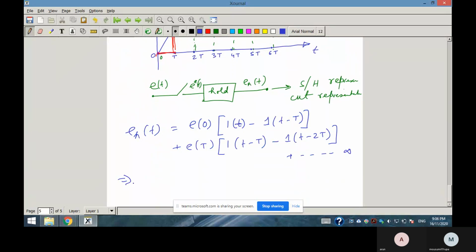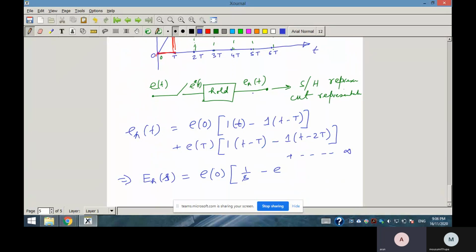This means EH(t) equals E0 times, if you take the Laplace transform, 1 over s minus e to the power minus Ts by s. I want to find the transfer function of the whole circuit.